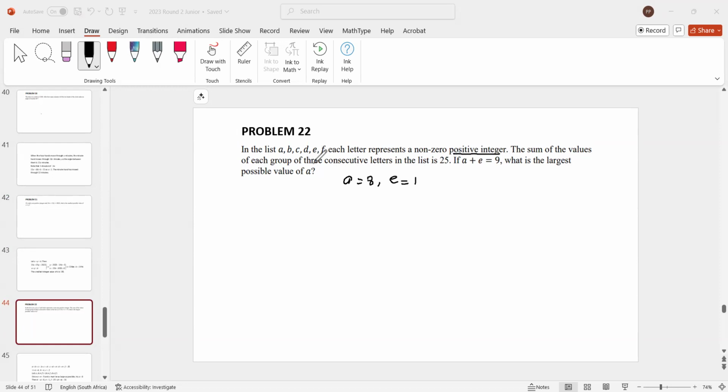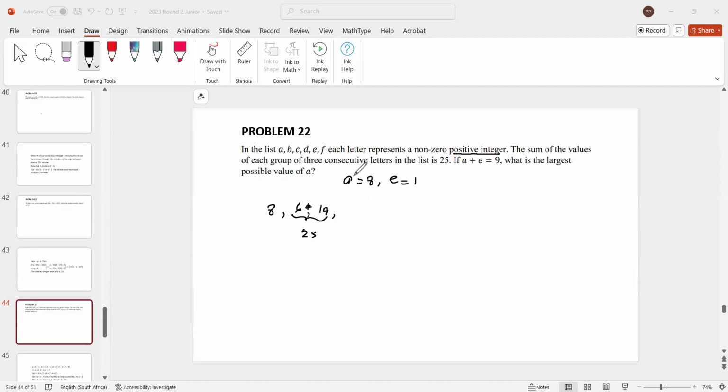You can start with 8. They say the sum of the three is 25, so you can put any two numbers here which add up to 25. You can put anything you like, put 6 and 19, for instance.